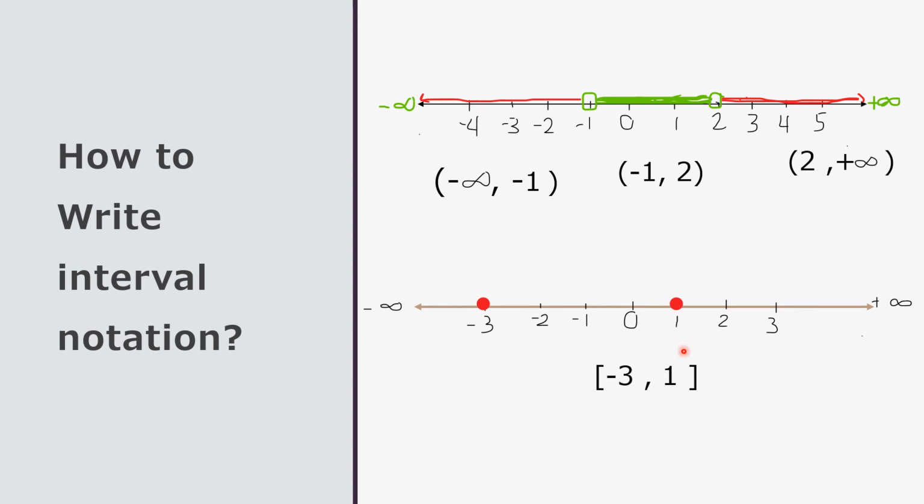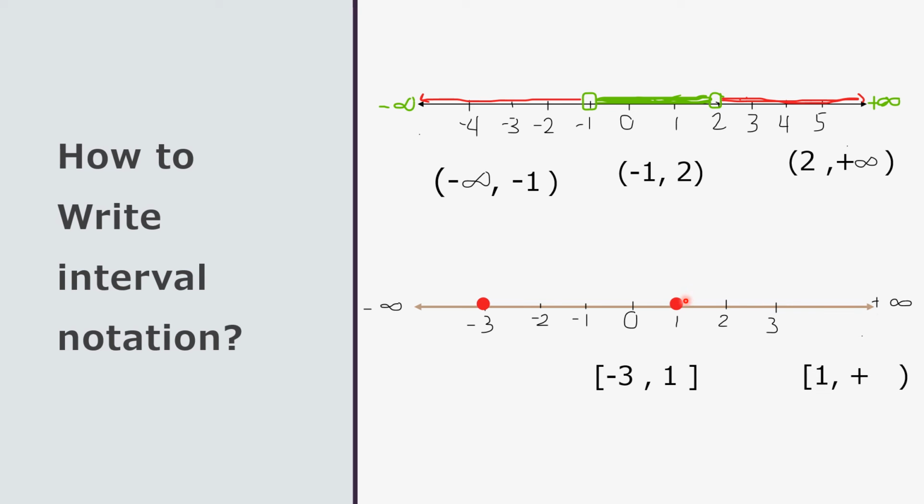Okay, so first for this part here, the solution set can be written as a bracket. Bracket means negative 3 is included in the solution set. So negative 3, comma, positive 1, and again a close bracket, because positive 1 is included.